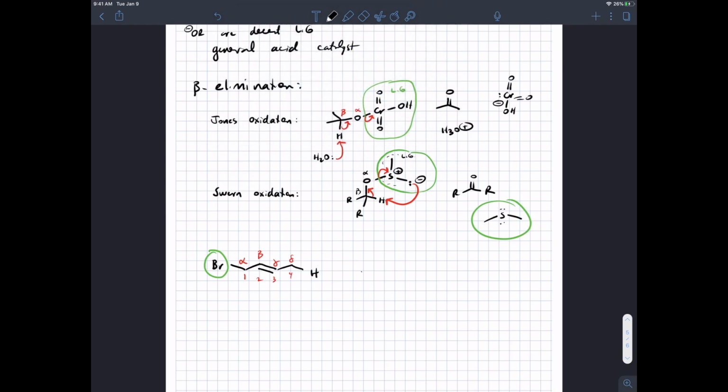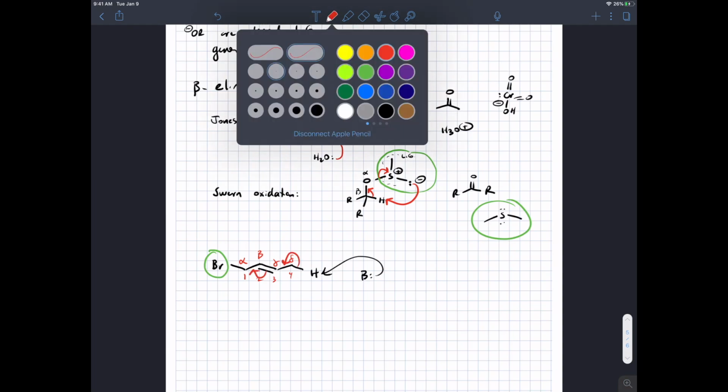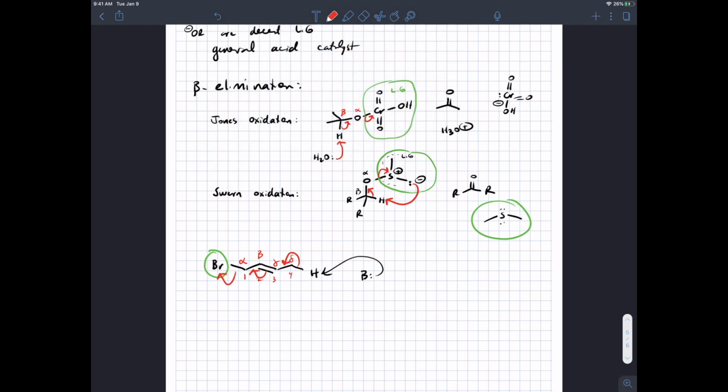But if you have a base, you can remove this proton, and you can do an E2 kind of like elimination, only you are further away. And the reason this works is because you can form a conjugated pi system.